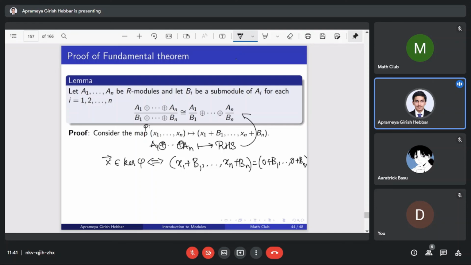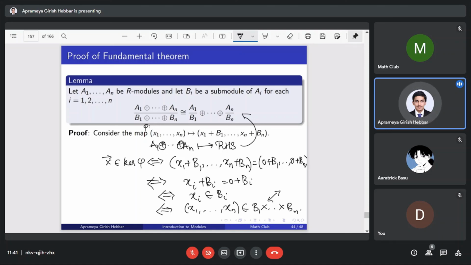So what does this mean? If and only if each xi plus bi is equal to 0 plus bi. So this is if and only if each xi belongs to bi. That means x1 up to xn belongs to b1 cross b2 cross bn. So this again you can identify with a direct sum.